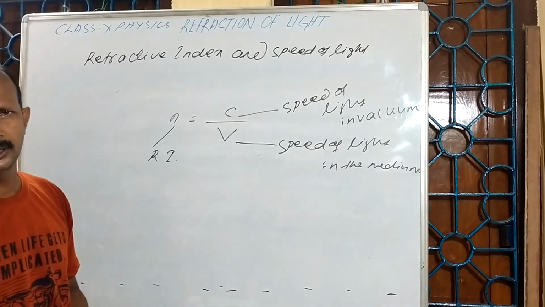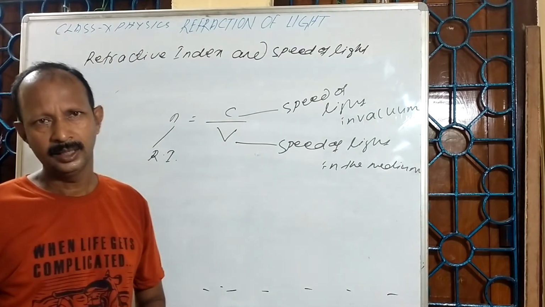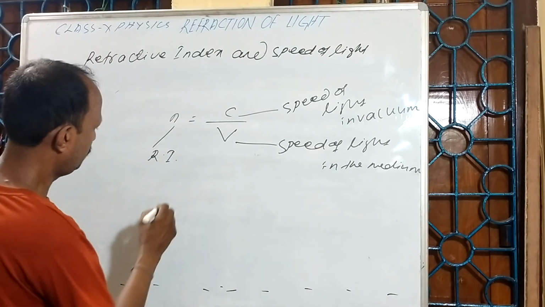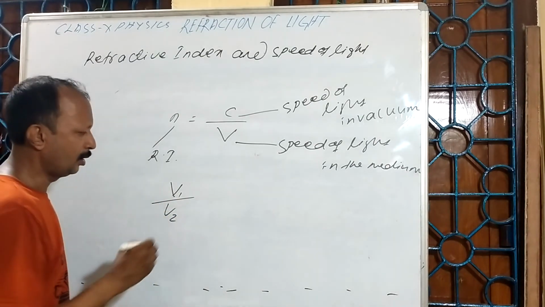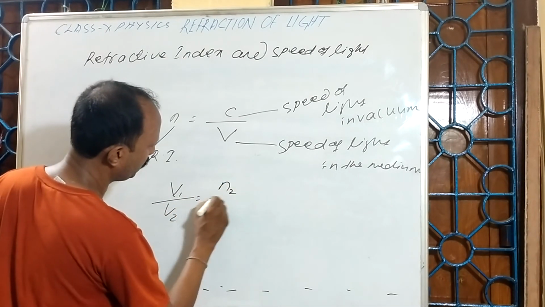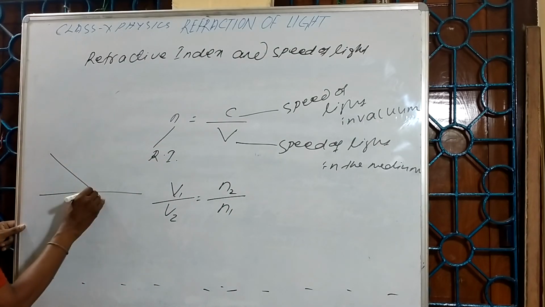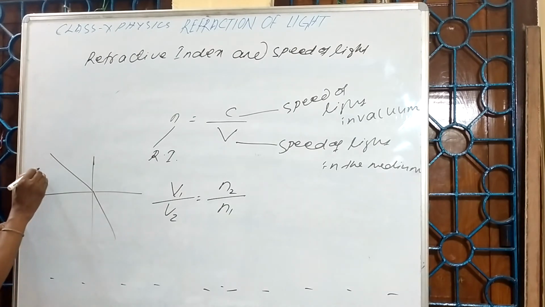I hope that you might have understood it clearly. So this one also I can say that V1 upon V2 is also equal to N2 upon N1. Suppose this is the first medium, this is the second medium. Its refractive index is N1, its refractive index is N2.